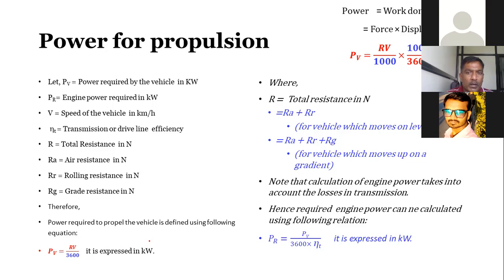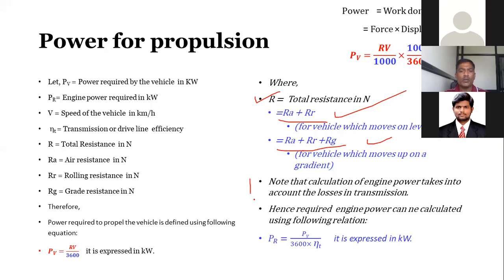That is the power required for propulsion, or power required to propel the vehicle, where R is total resistance in Newton. On a level road, it is RA plus RR. Again, on steep road conditions, for a vehicle which moves up on a gradient, this is the total resistance.